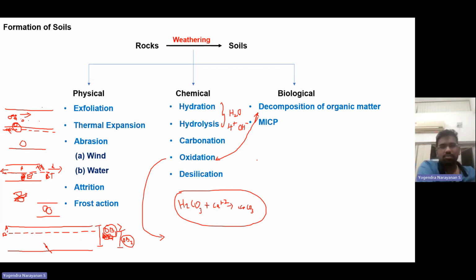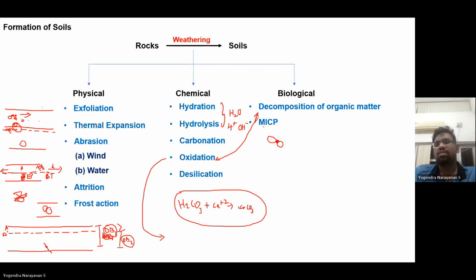MICP is one of the hot research topics in one of the sub specializations of geotechnical engineering known as environmental geotechniques, where the action of bacteria, the excretion of bacteria in the soil, generates calcium carbonates, which act as cements between two soil grains and enhance its strength, basically.